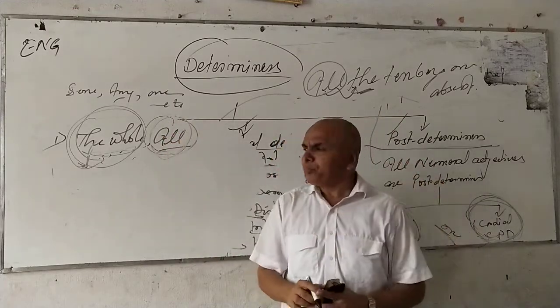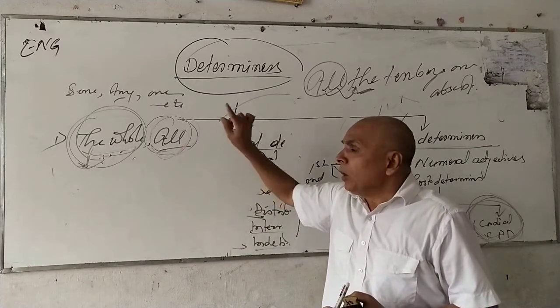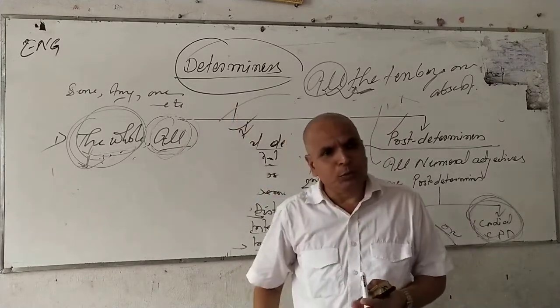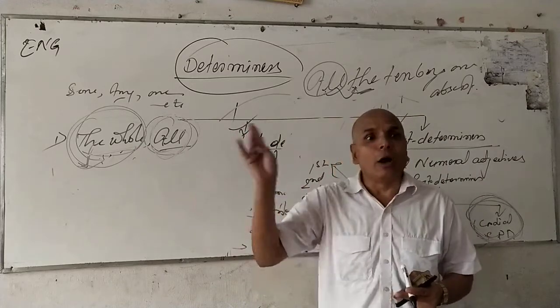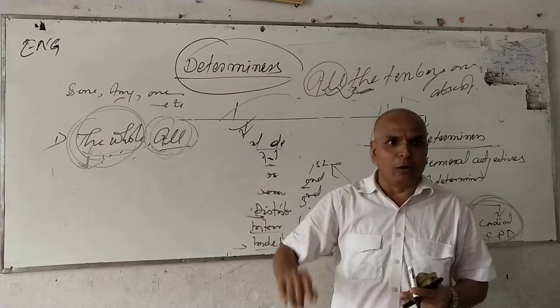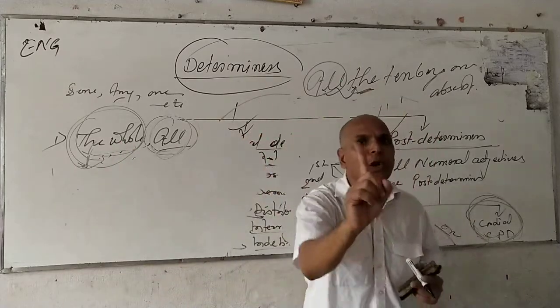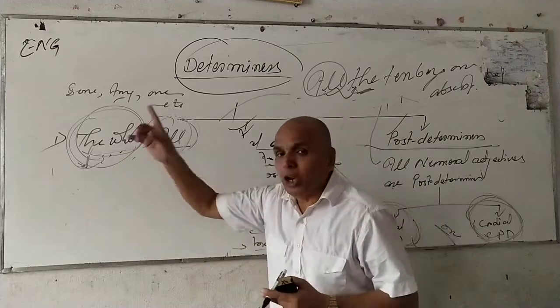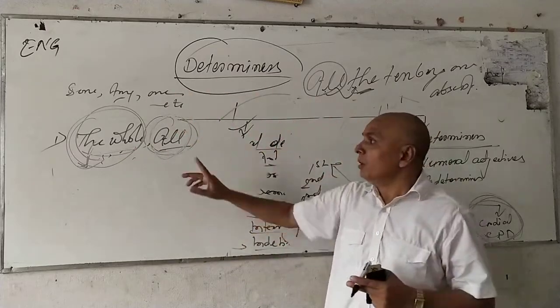Difference number 2. All is supposed to come before a singular noun as well as a plural noun, or an uncountable noun. But the whole always comes before the singular noun, hence it will take a singular verb.